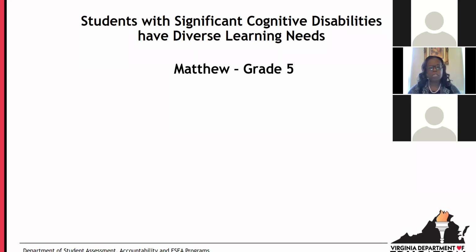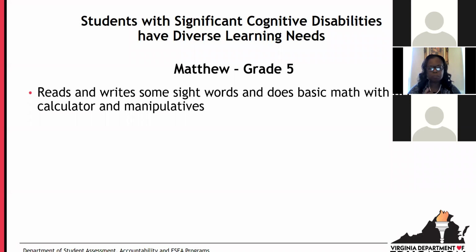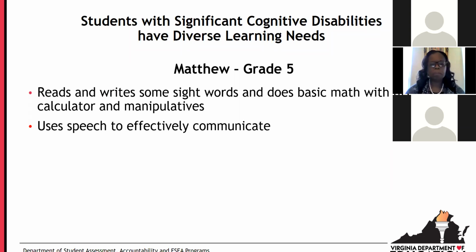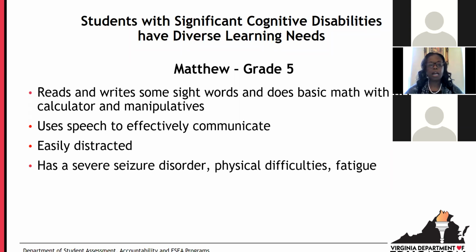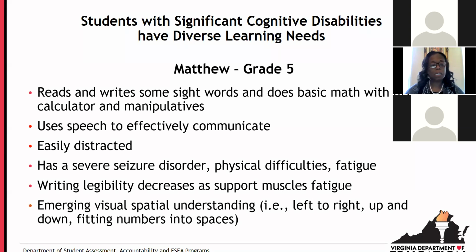So let me introduce you to Matthew, a 5th grade student. And Matthew's a student with significant cognitive disabilities, but he reads and he writes. He has some sight word recognition. He's able to do basic math with a calculator and concrete objects.